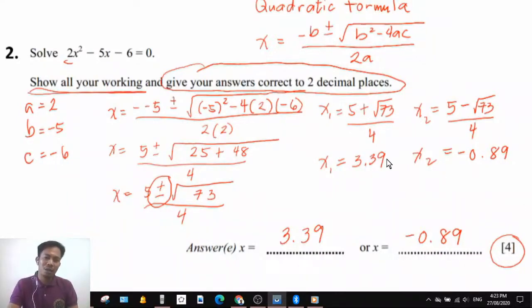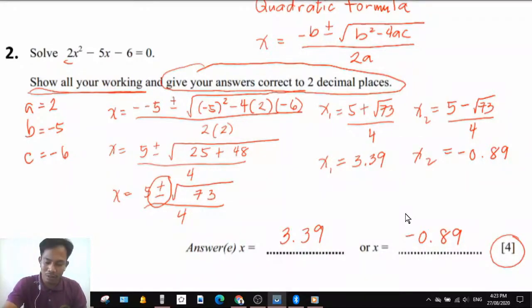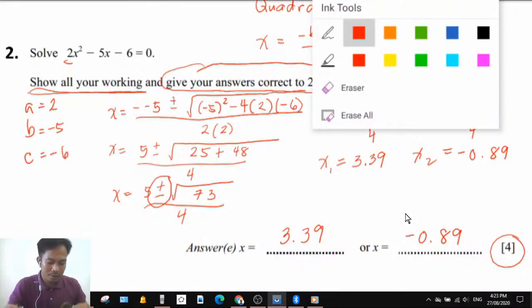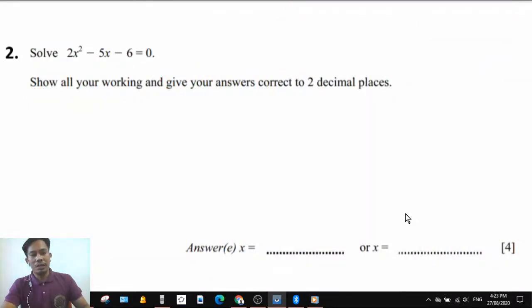There is another method here, which is solving by using completing the square. You want me to show? I'll show it. Completing the square is like this. I have to move out 2, and put in x squared minus 5 divided by 2 x, in brackets.